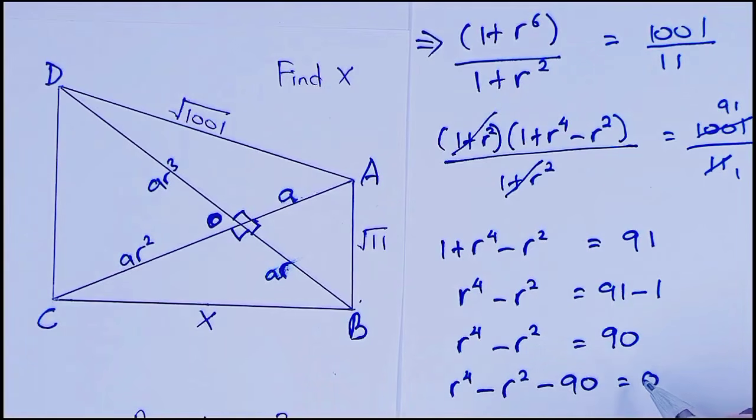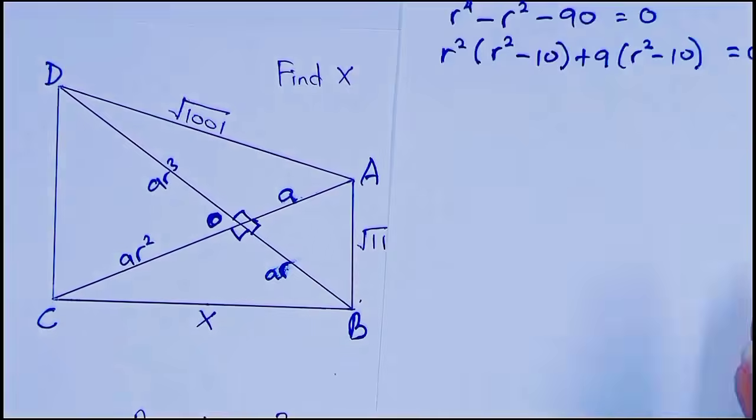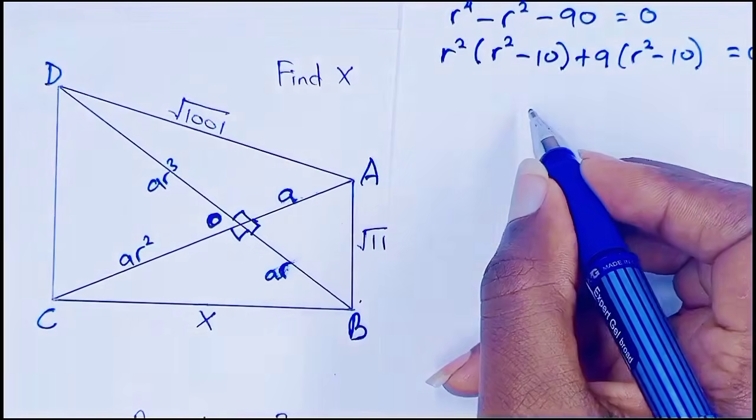So we get our quadratic equation. So we shall have R squared into R squared minus 10 plus 9 into R squared minus 10 being equal to 0.